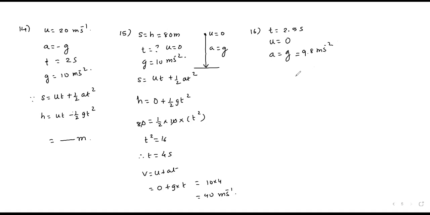What they want from this is the height S. Since S is equal to ut plus half at square, H is equal to 0 plus half gt square. Half g is 9.8, t is 2.5 the whole square, something meters. That will be the height.